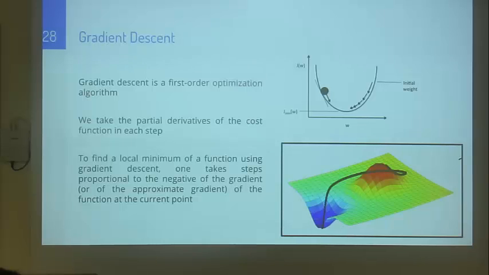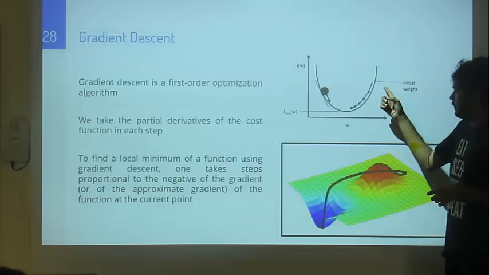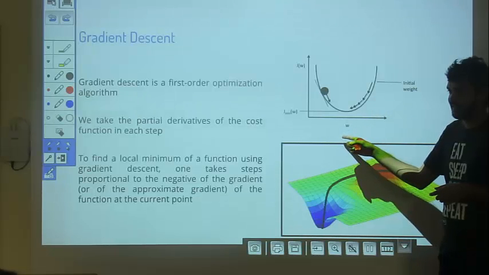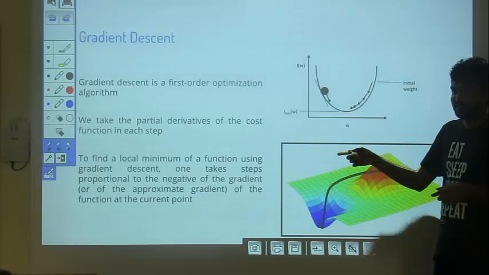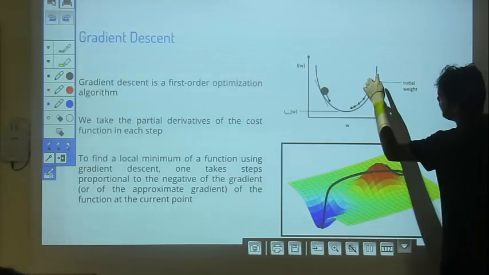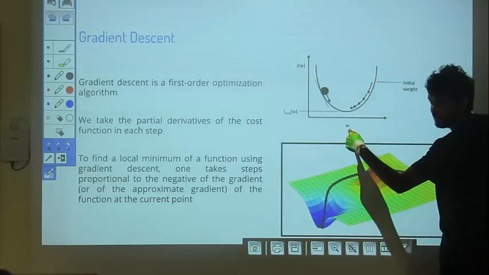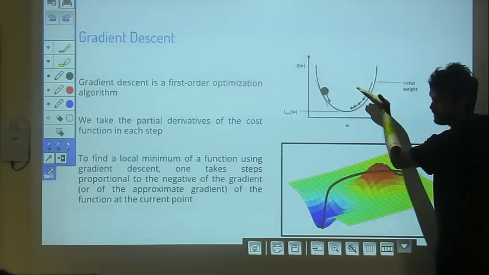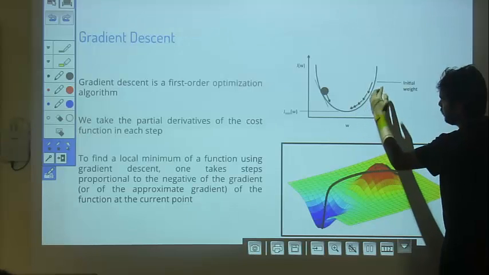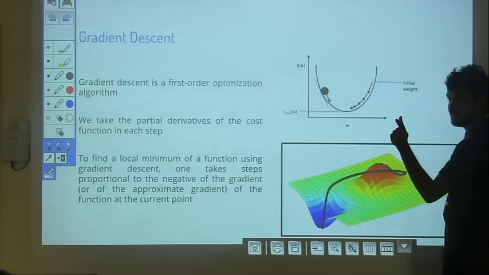I don't know if you know that you can draw a line perpendicular to a curve. So if we draw a line, we can get the m, the slope, of that line.